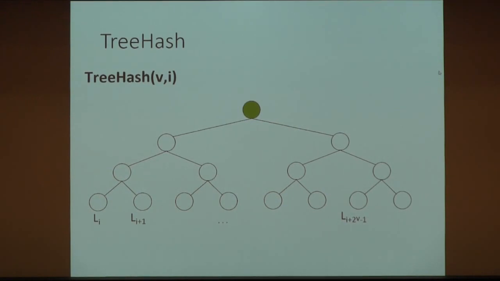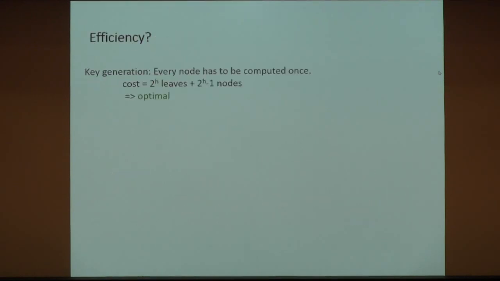So that's a way how you can build the whole tree, but that eats a lot of storage. Okay, so the costs for this algorithm are 2 to the h leaves plus 2 to the h minus 1 node computations if you use it for key generation. And this is actually optimal, because for key generation you have to touch every leaf and every node at least once. So that's the minimum that you can achieve.